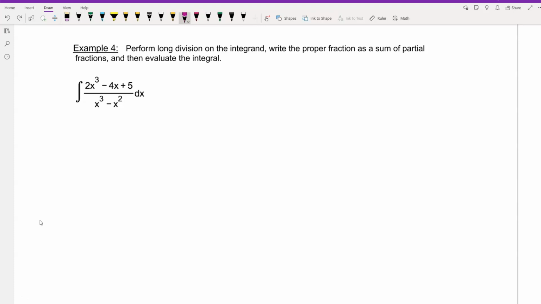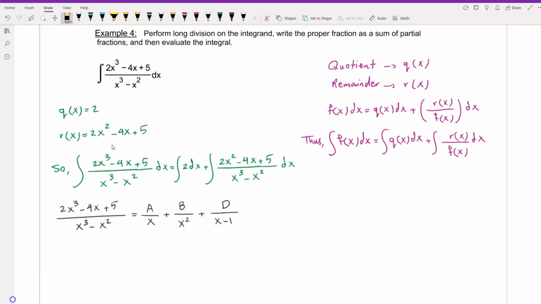So based on that, we're going to have f(x) dx equal to q(x) dx plus r(x) over f(x) times dx. So quotient is q(x), remainder r(x). So this is when we divide as a fraction, 2x cubed minus 4x plus 5 divided by x cubed minus x squared.